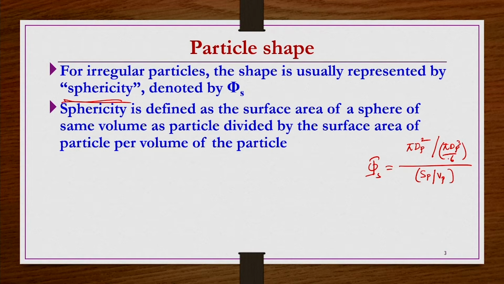So, now you are going to get 6 by dp divided by Sp by Vp. So, phi s equals 6 by dp divided by Sp by Vp, that is 6 Vp divided by dp Sp.